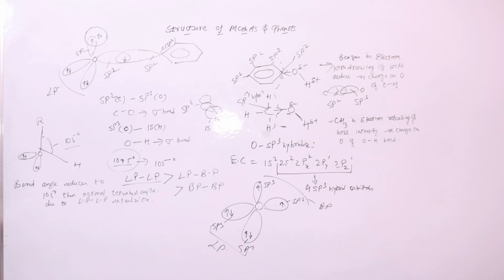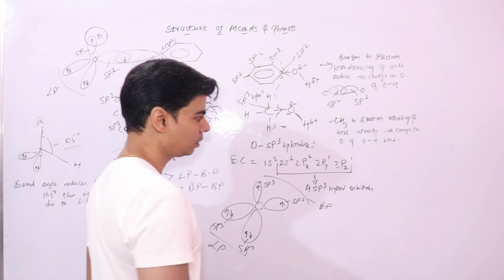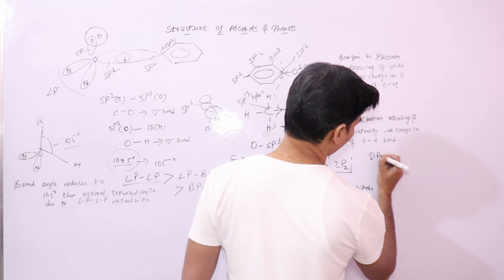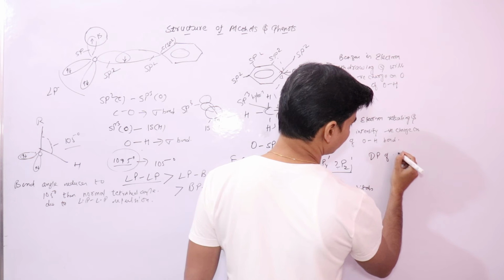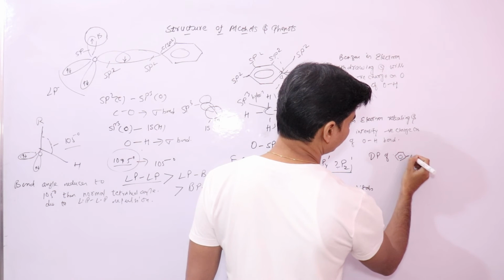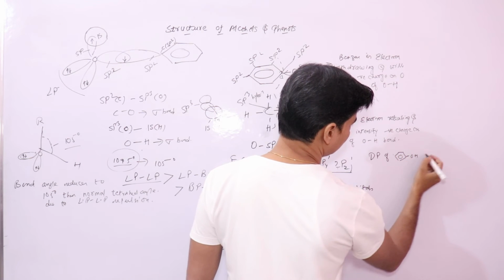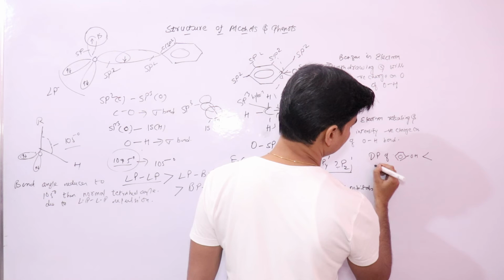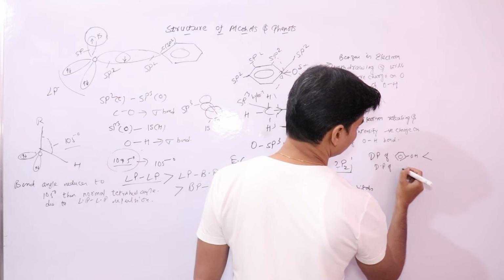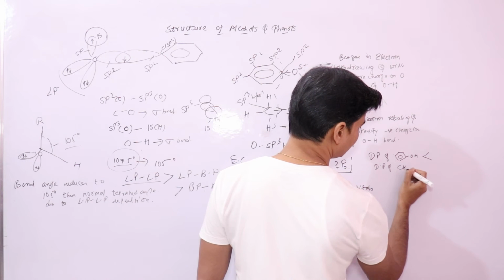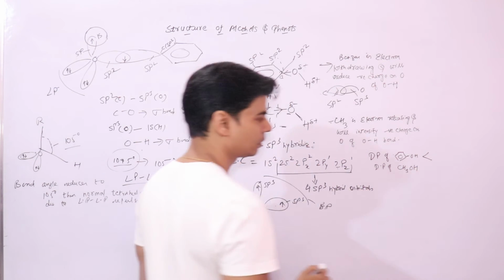Now, due to this, dipole moment of phenol is lower than that of methanol, right? We say dipole moment of phenol is less than the dipole moment of your alcohol, say methanol, right?